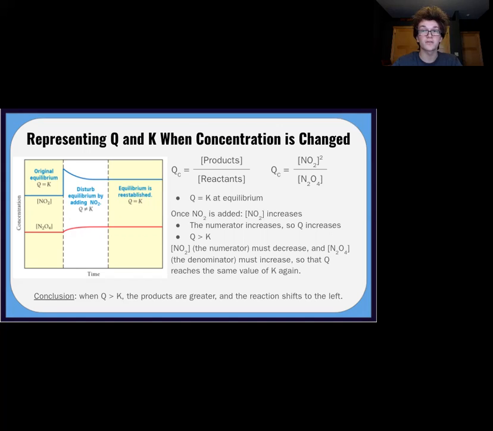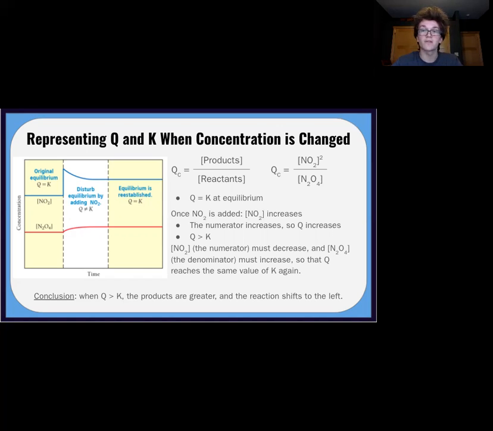With a higher concentration of products, Q is now greater than K. The system responds by increasing the reverse reaction rate because then more products of NO2 will be used up, which decreases its concentration, in order to make more reactants of N2O4, increasing its concentration.